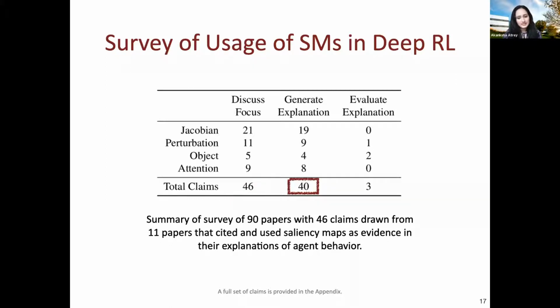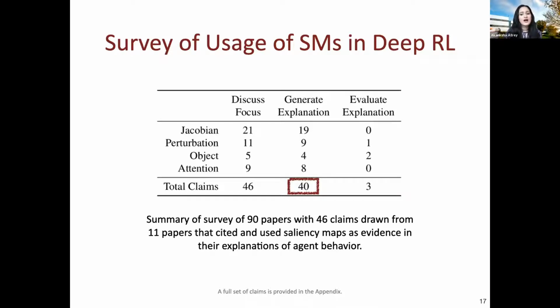40 of these claims reason about what learned representation may have jointly produced a saliency pattern in agent behavior. So the idea is that they're explaining using that focus that you see. For instance, an agent learning to recognize a tunnel, resulting in salient bricks and targeted maneuvering of ball and paddle. So you're associating the saliency on the bricks as, oh, the agent is learning to recognize the tunnel.